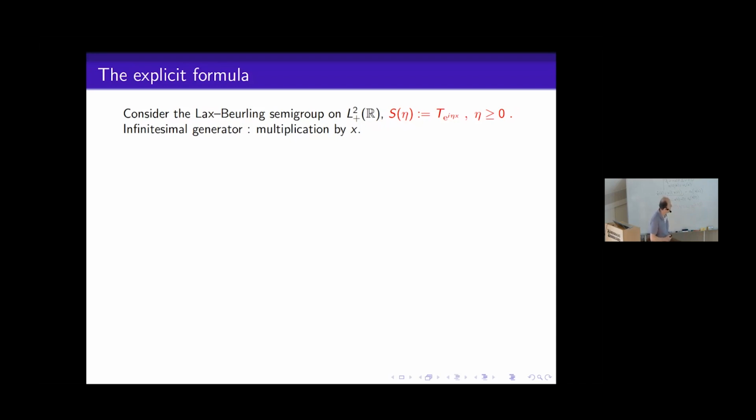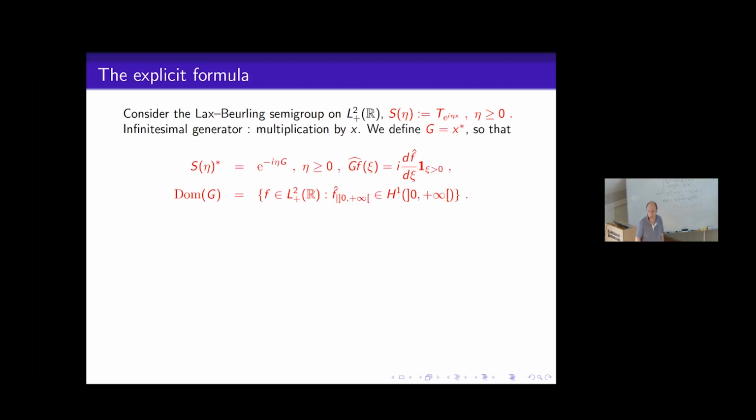Now, its infinitesimal generator is just the multiplication by x, or ix if you want, okay? And of course, I'm going to look at the adjoint of it. And the adjoint of the infinitesimal generator is an operator which I call G, like generator, which is X star.